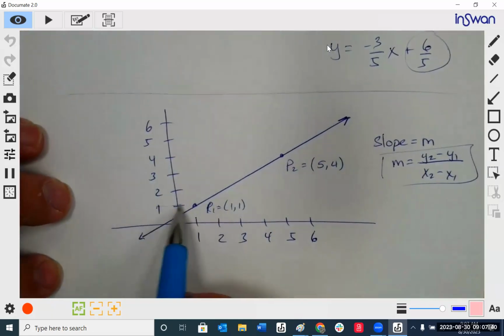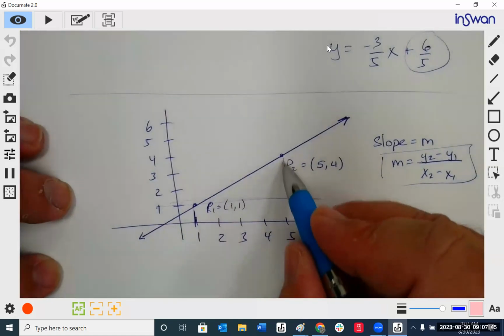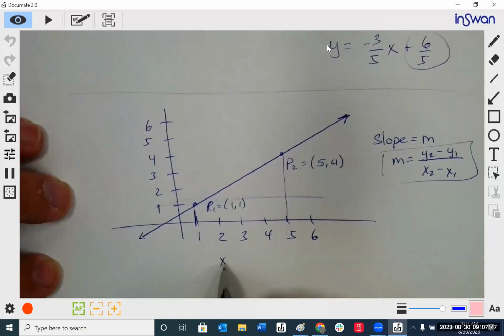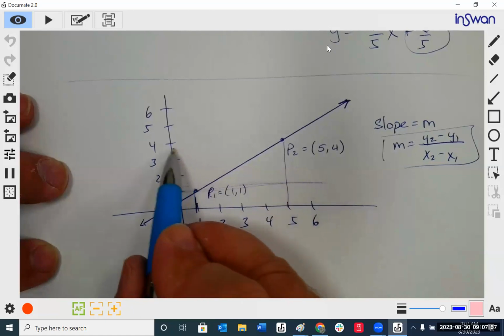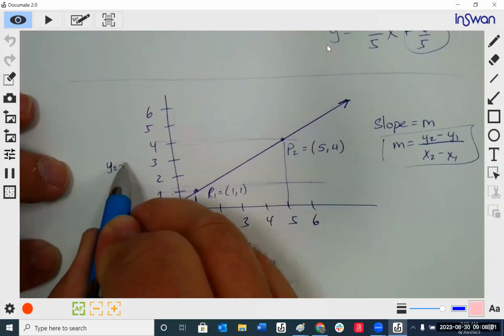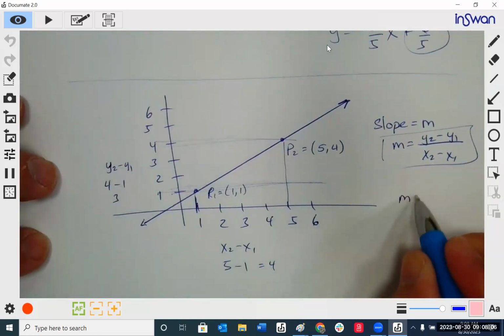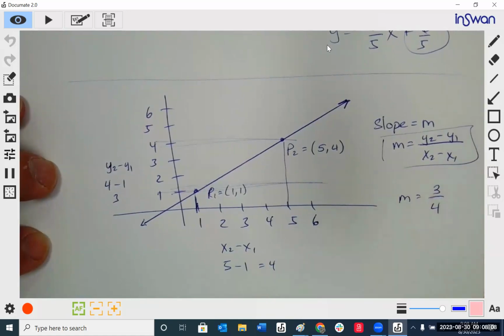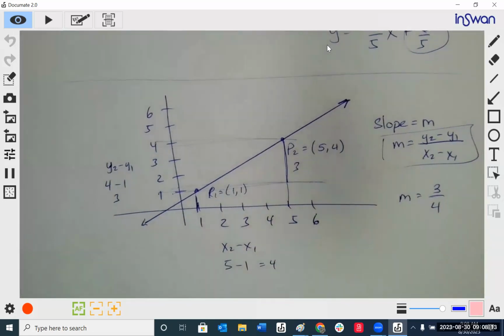Horizontally, the line went from x1 to x2, which was 5 minus 1, which is 4. Vertically, it goes from y1 to y2, or 4 minus 1, which is 3. So the slope was 3 over 4. It went up 3 and over 4.